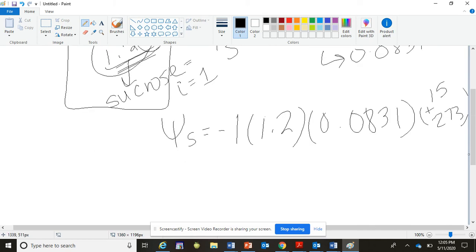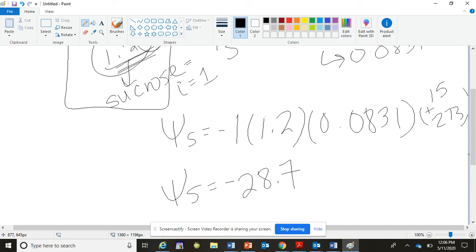So when we do all that, I'm just going to type it in my calculator, sorry, drum roll. 1 times 1.2 times 0.0831 times 288. So my answer is, for my solute potential, is negative 28.7.